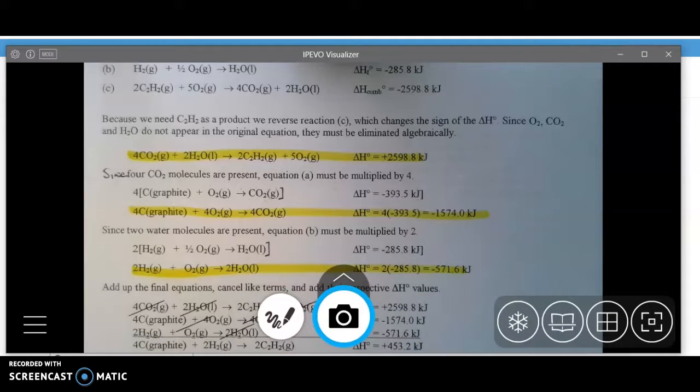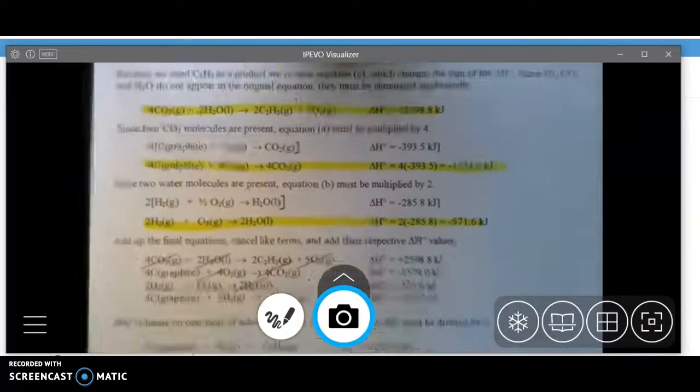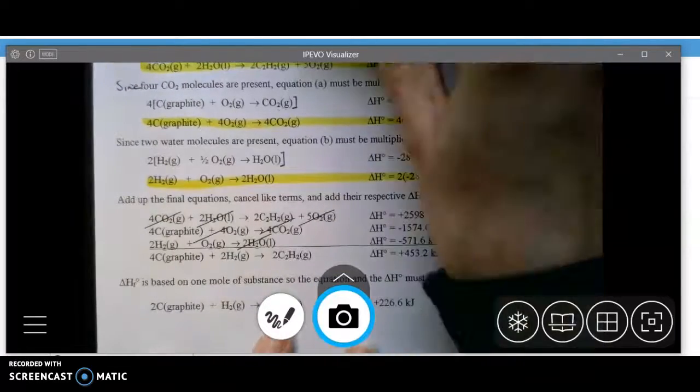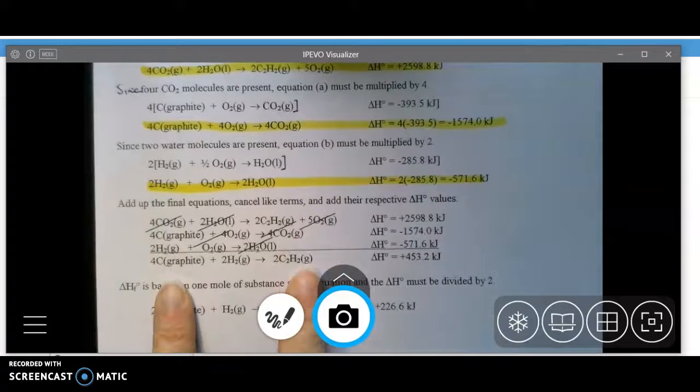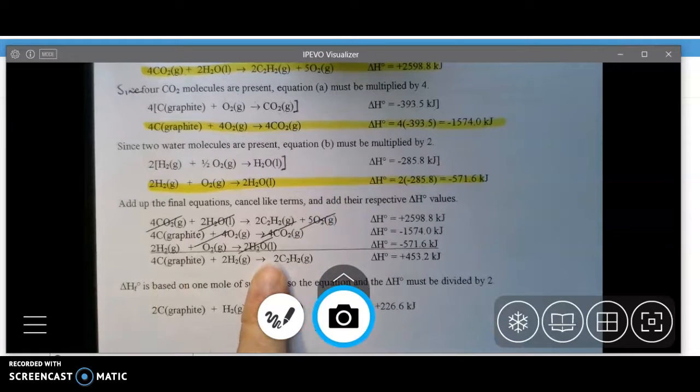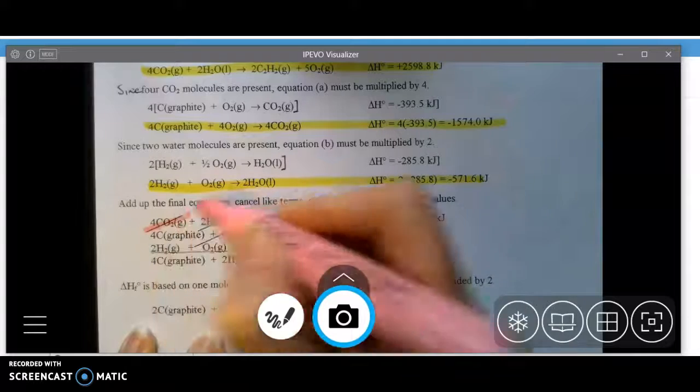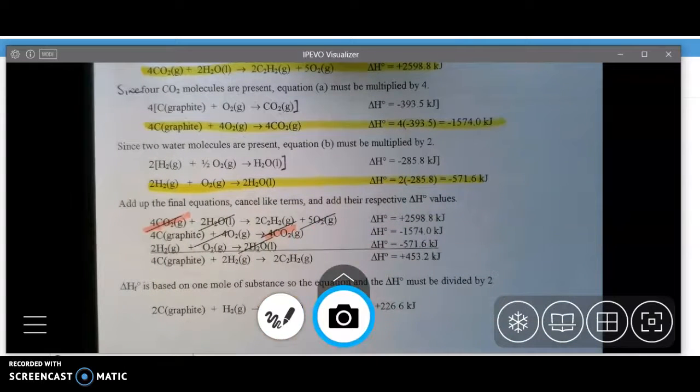Okay, so in the next section, you'll see that I've taken the 3 highlighted equations and combined them into this here, and then I'm going to show you with some highlighting also how to cancel out. So my CO2s are going to cancel. Okay, so what I have as a reactant and what is a product has to cancel.